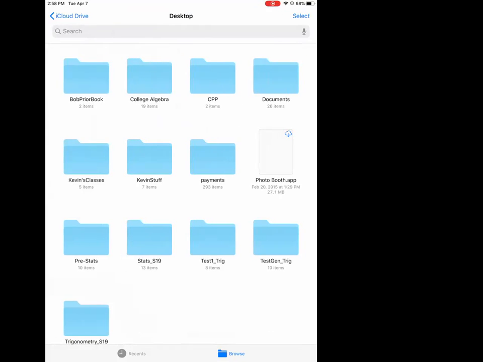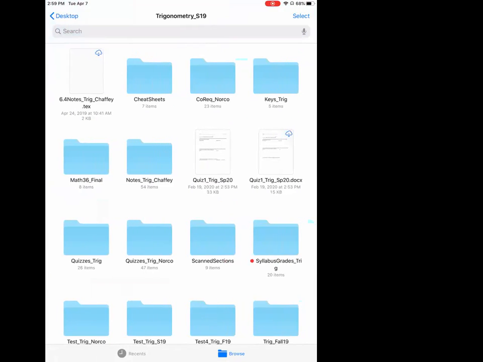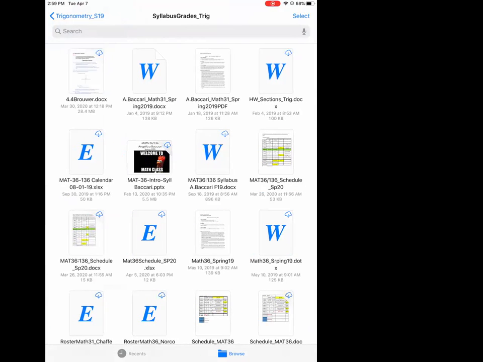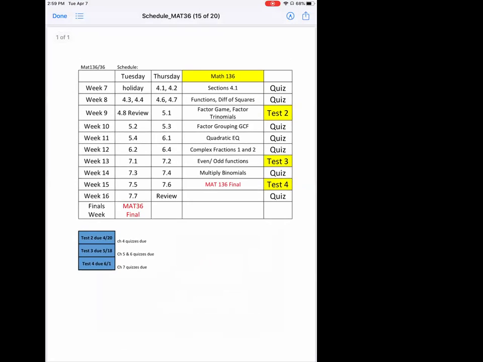I have this here under my syllabus and stuff for trigonometry. So here is your new schedule.